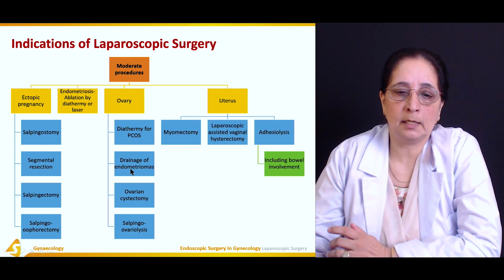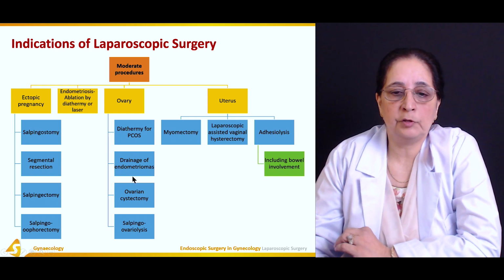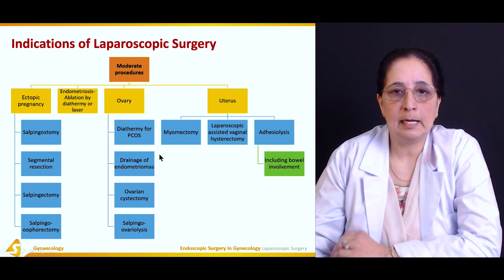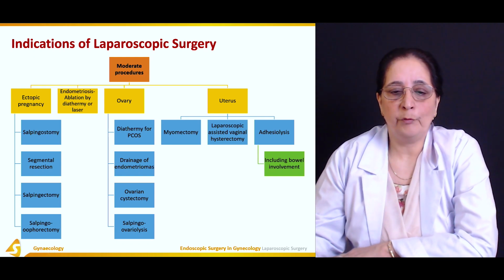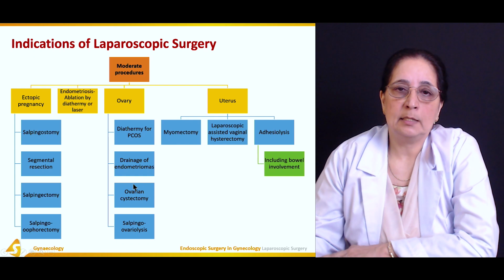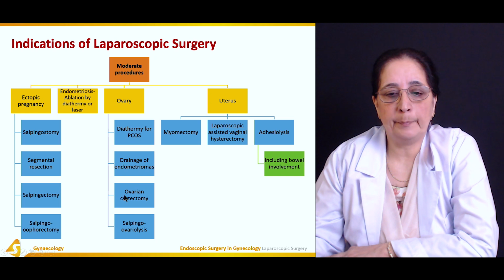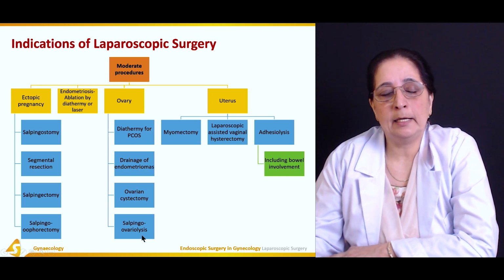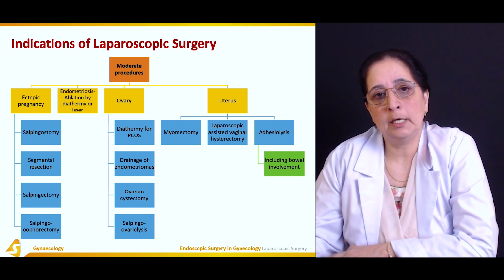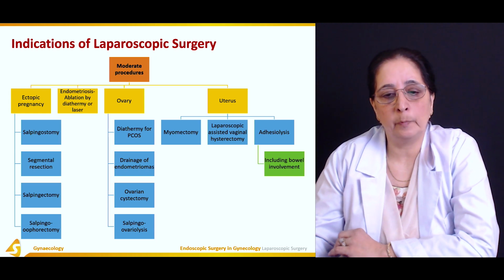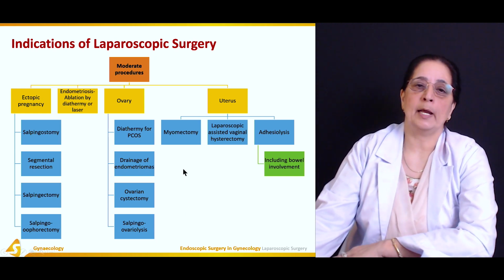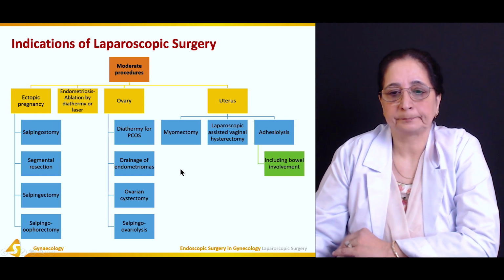Small endometriomas or tumors in the ovary can be drained by laparoscopic surgery. Ovarian cystectomy is the procedure in which cysts are removed, and salpingo-ovariolysis is the removal of any adhesions or scars between the ovaries and fallopian tube. Those can also be removed by laparoscopic surgery.